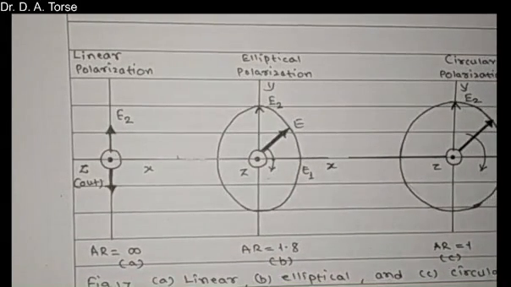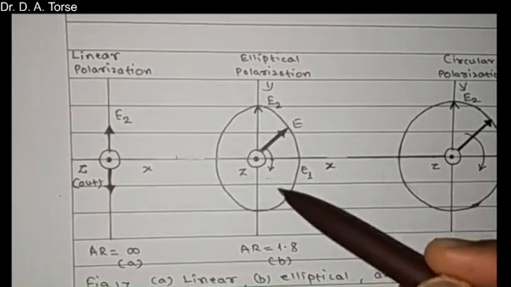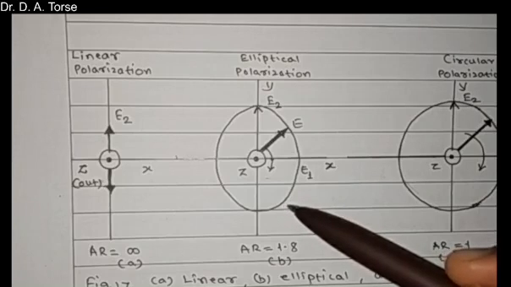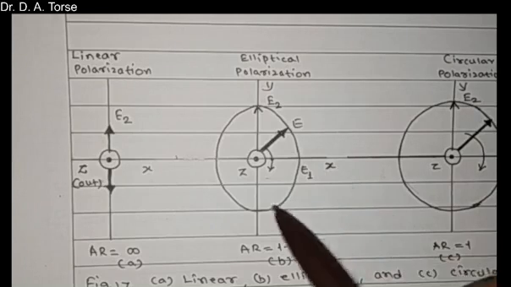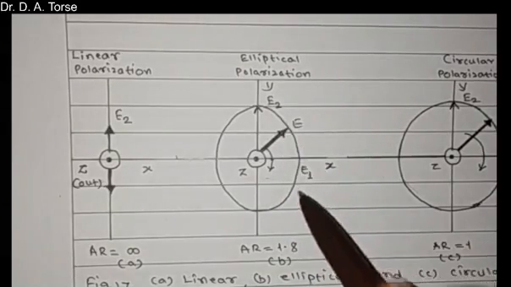There is another concept, the ratio of the major and minor axis of the ellipse, which is called the axial ratio. In the elliptical case, the axial ratio is computed, and it is given by AR, the axial ratio, equal to E2 divided by E1.